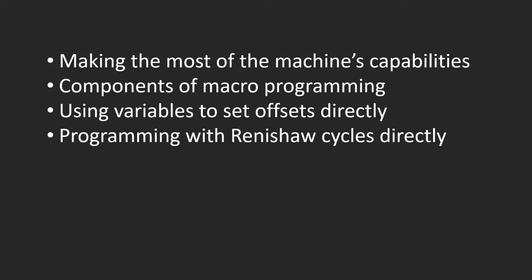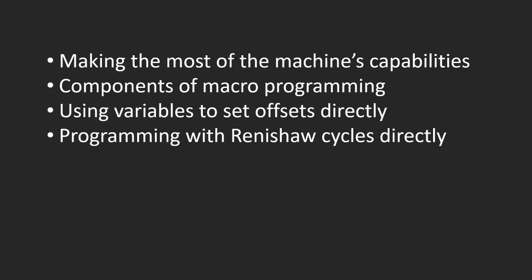We'll cover components of macro programming. We're going to talk about things like subroutines and variables and so forth. That's the primary part of this: we use variables and subroutines to produce the kinds of functions that we are after. We're going to use variables to set offsets directly.